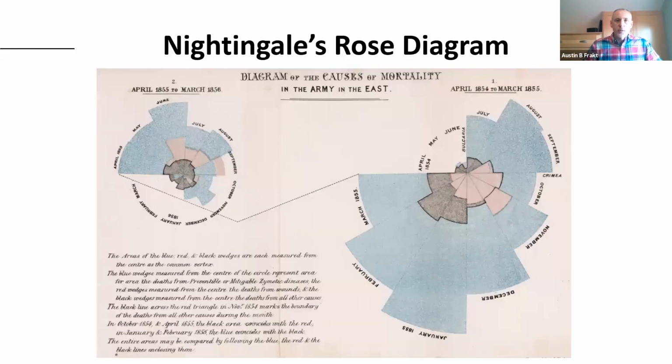So this is her famous rose diagram, and I'm not going to talk through it because it's not my point for us to totally understand it. But the basic idea is that the big blue wedges, first on the right-hand side and then on the left-hand side, show the infectious disease rates, or the proportion of the population suffering from them, across a year and then into the next year as you go to the diagram on the left.